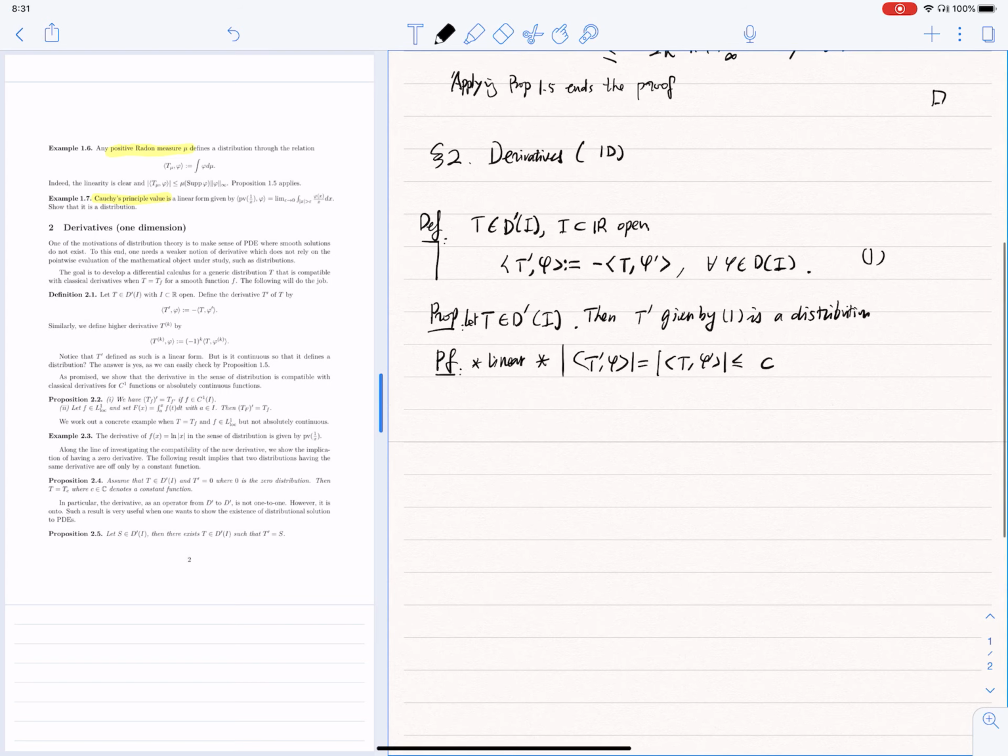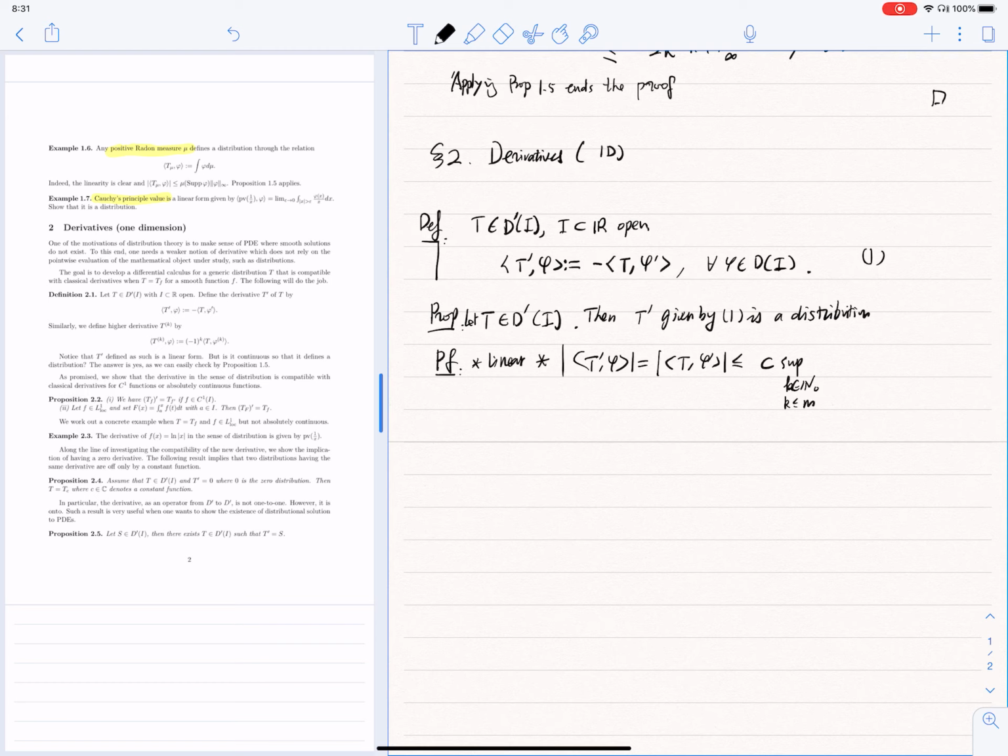And the supremum over alpha, a non-negative integer, let me say k, where k is a non-negative integer less than or equal to a certain m.